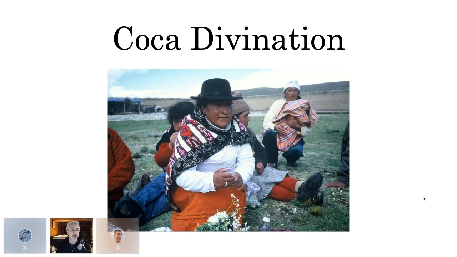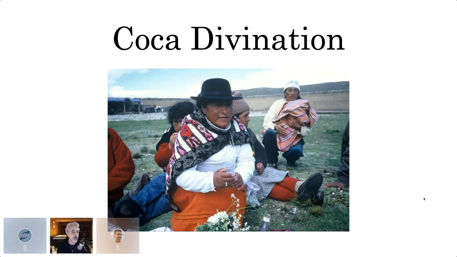And coca is used as an ally for propitiating the gods, for putting you in a mood to be more receptive to the energy and the goodness the gods have to bestow. And so it plays an important role in the spiritual life of people in the Andes, as well as in the nutritional and just alertness life of these people.